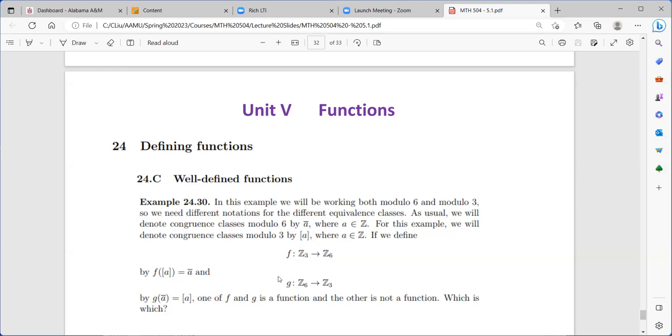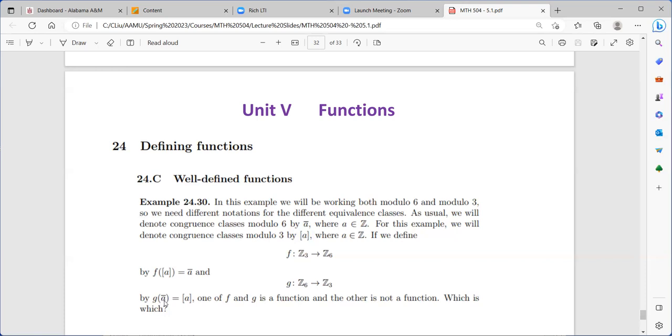And then we define another relation g from Z6 to Z3, so they are flipped. Z6 has six elements, and we go to Z3, which has three elements. So the rule is g of a bar equals bracket a. Remember, a bar means the class is in Z6. That's the notation we use.